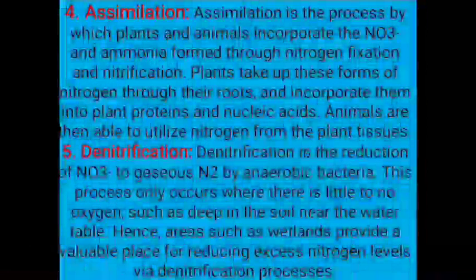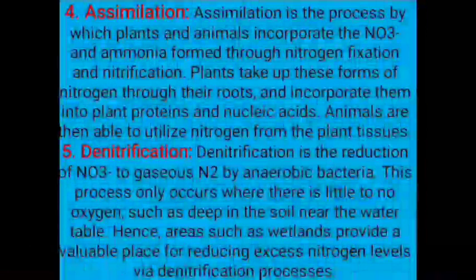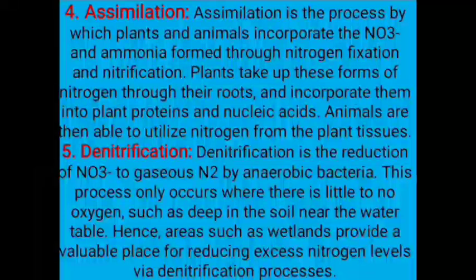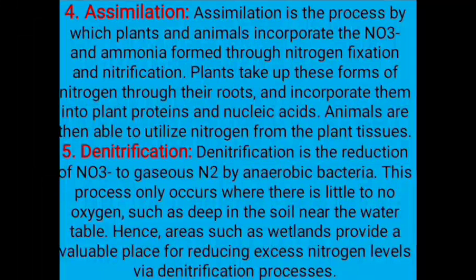Okay, all right. Then the next one, we have assimilation. This one is the process by which plants and animals incorporate the nitrates, NO3, formed by nitrogen fixing bacteria, and ammonia formed through the nitrogen fixation and nitrification. Now here, plants take up these forms of nitrogen through their roots and incorporate them into plant proteins and nucleic acid.